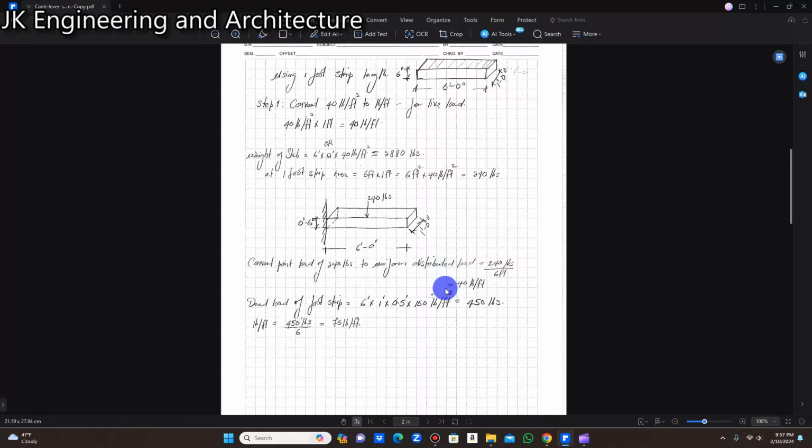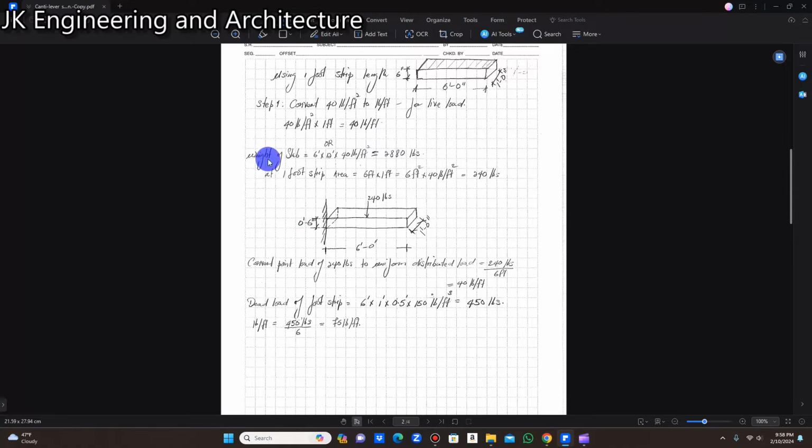So you see, if you observe, in this instance, when I multiply the 40 pounds per square foot by 1 foot, the result is 40 pounds per foot. And when I take the longer route, it still comes back to 40 pounds per foot. Now, if I was doing the calculation by myself, I wouldn't go through this second portion here.